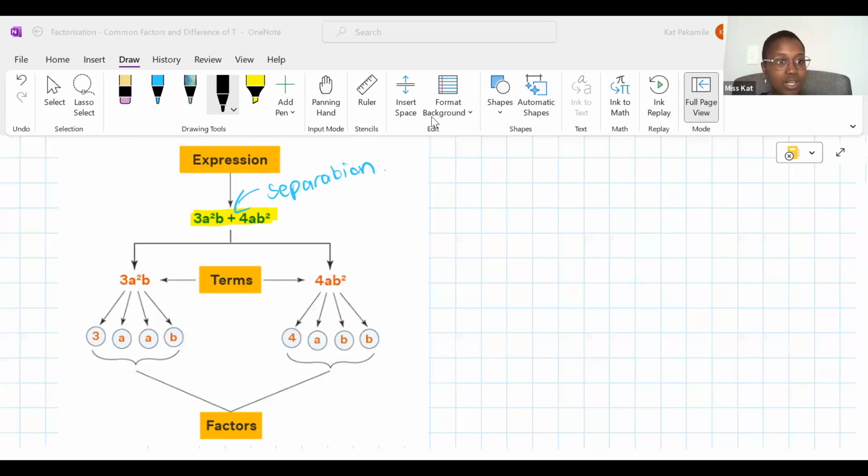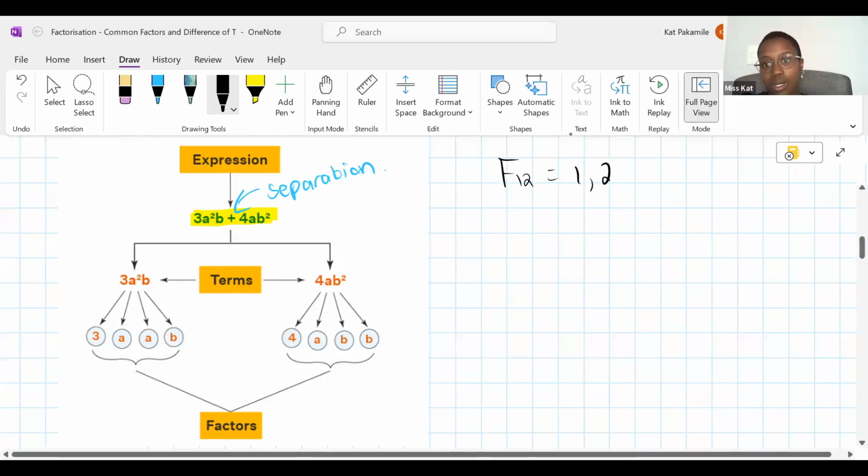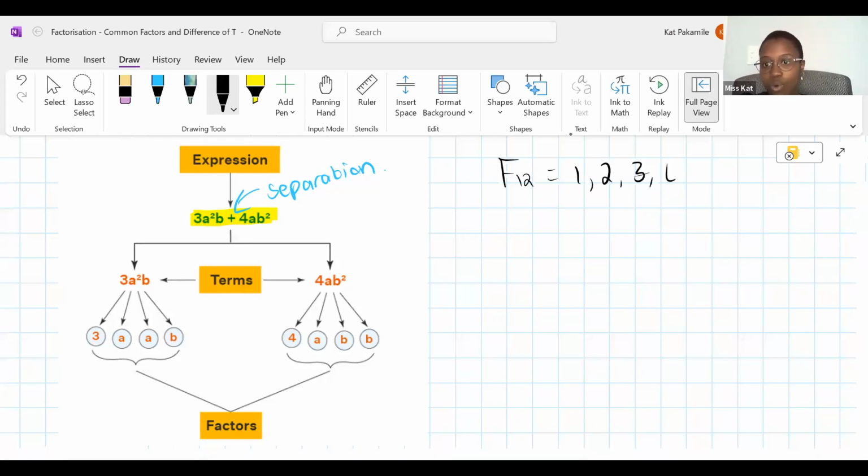Tando also said it. Thank you, Amahle, but you missed one. Factors of 12. There we go, 6. So the factors of 12 would be 1, 2, 3, 4, 6, and 12.